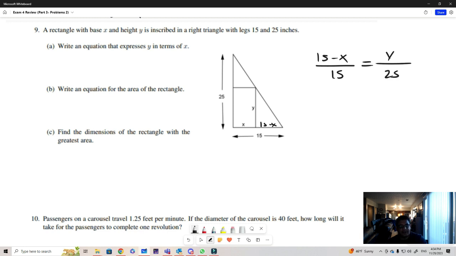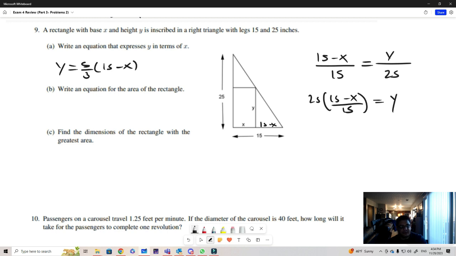So with that, I can say 25 times 15 minus x over 15 is y. So this is the equation that relates that in terms of y. We can simplify by 5 here, and so this is going to be 5 over 3 times 15 minus x.